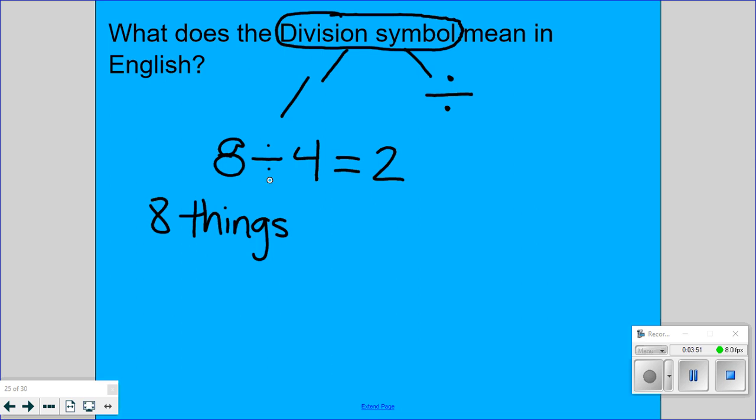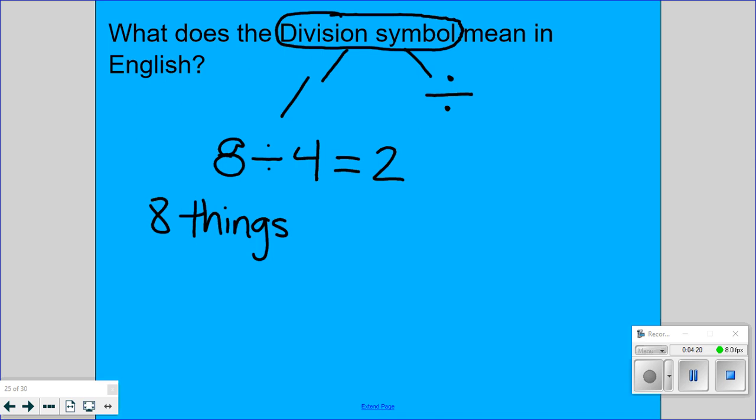What does our division symbol mean? We know this means 8 things. What does this symbol mean? Oh, Huxley said I wrote this down before break. Good thing I got a math notebook. Kaden?